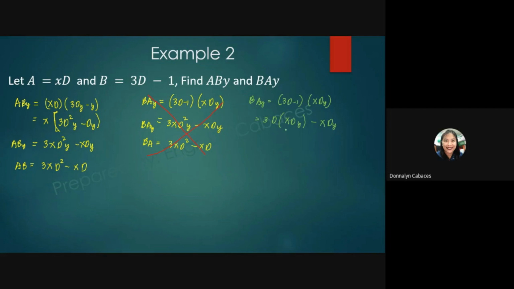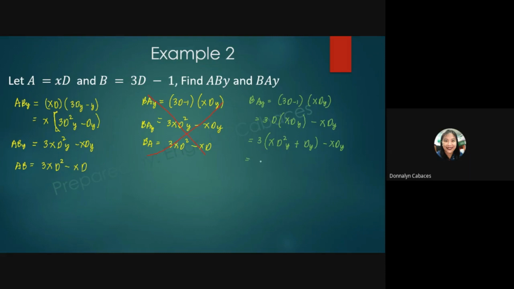So focusing on this, it means the derivative of the product. So this will now be equal to 3 times what is the derivative of the product x dy. So the first term x, the second derivative of y, plus dy times the first derivative of x with respect to x, so you have dy, minus x dy.